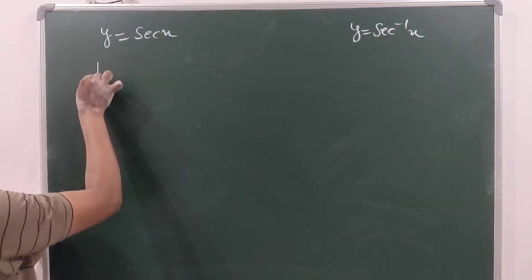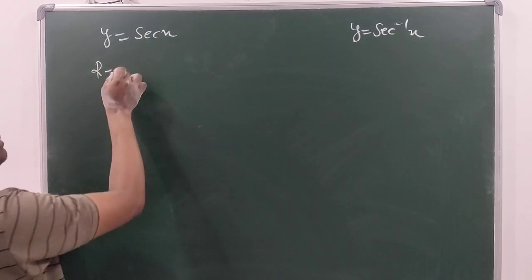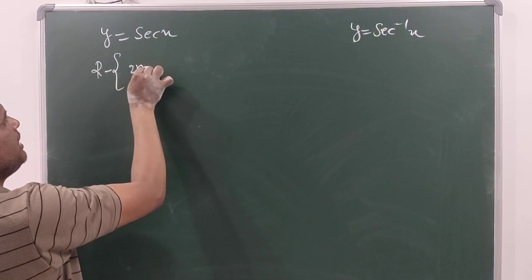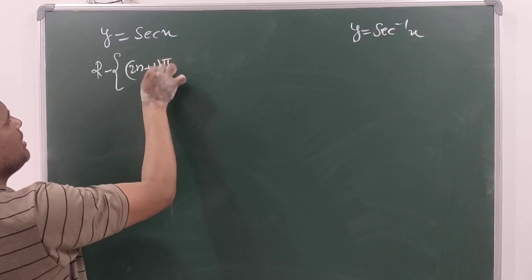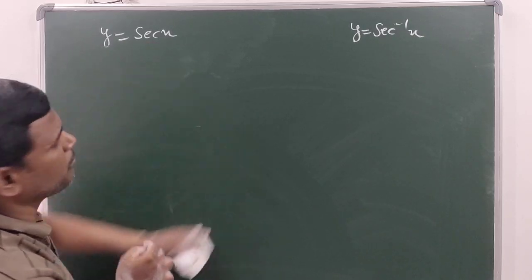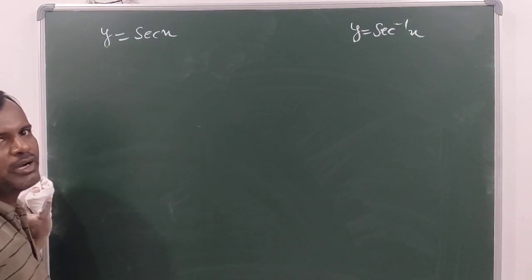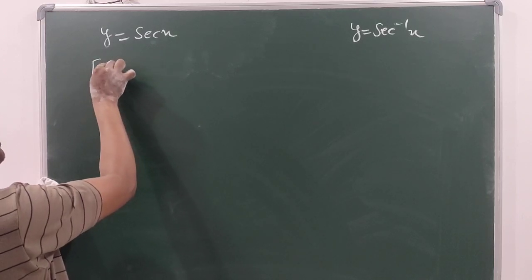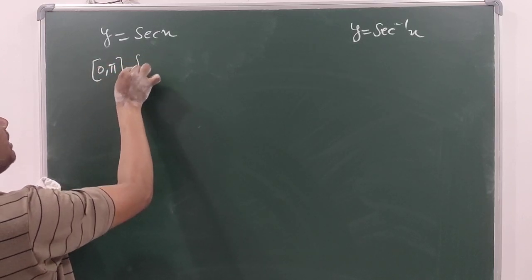Now tell me what is its domain? R minus. So the secant function will not be defined at odd multiples of 90, 2n plus 1 into 90. This you have to subtract, but here you have to take the principal domain. So the principal domain for the secant function is the closed interval of 0 to pi, but 90 must be subtracted.